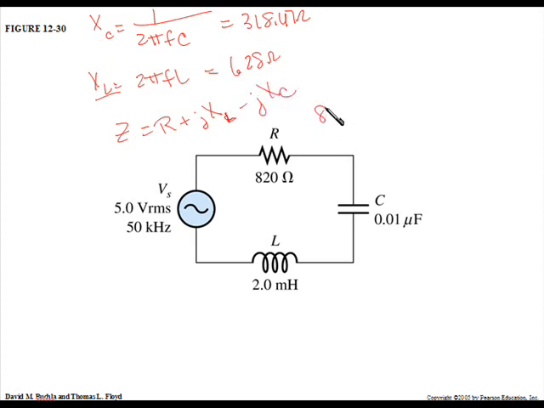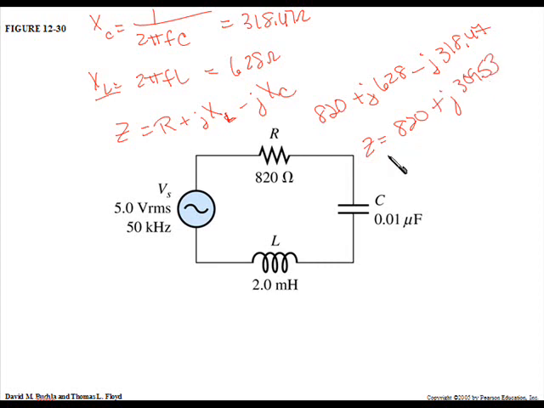And it becomes 820 minus J628, or plus J628 minus 318.47. So Z is going to be 820, and you combine the 628 with the 318, giving 309.53. After this point, all the math is the same.